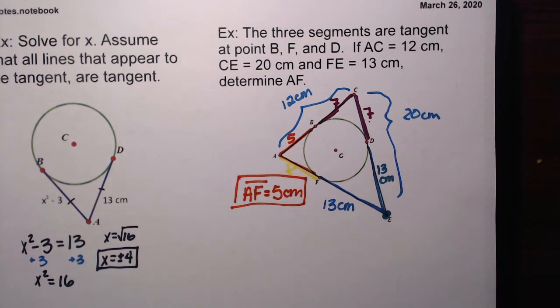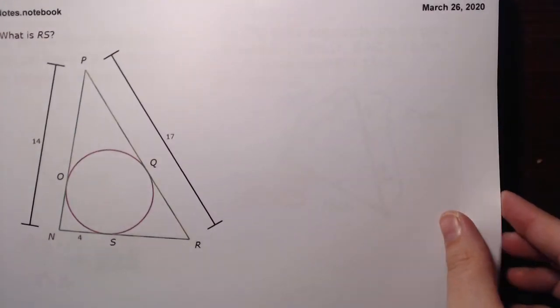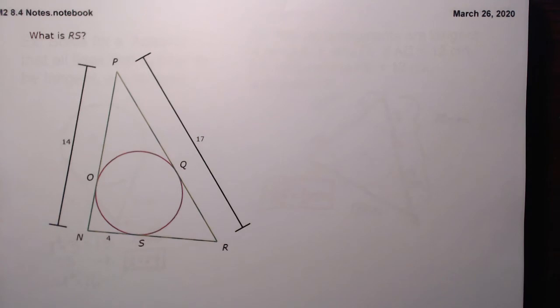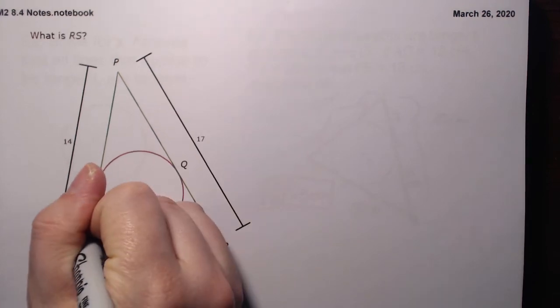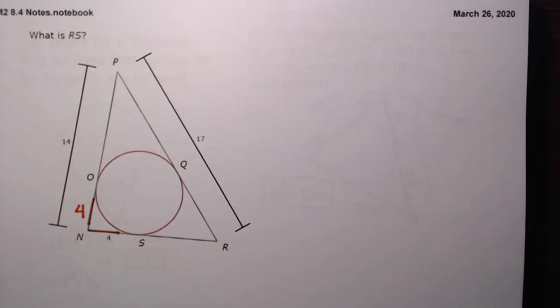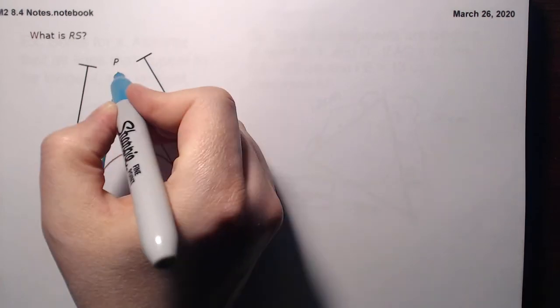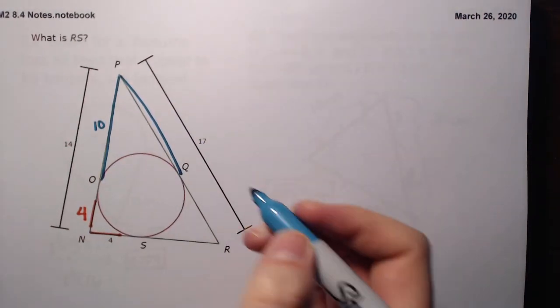Okay, and then one last example. Again, something similar. If this is 4, this is 4. If the whole thing is 14, then 14 minus 4 is 10, which makes that piece 10 as well.